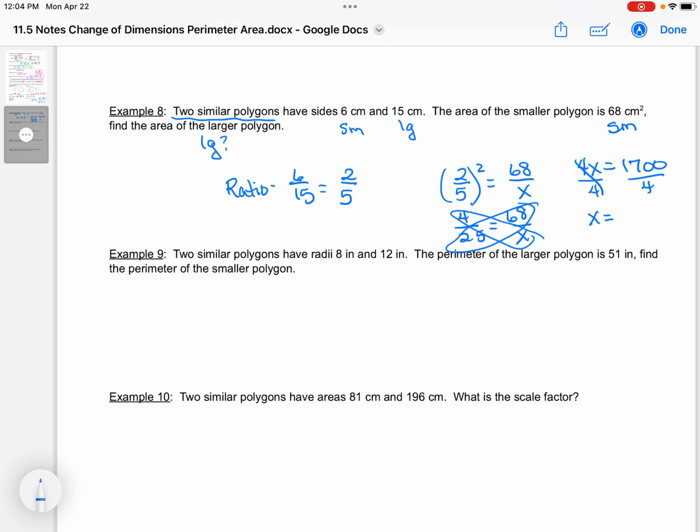X equals 425. So 425 square centimeters.